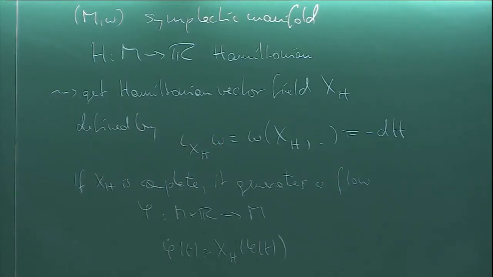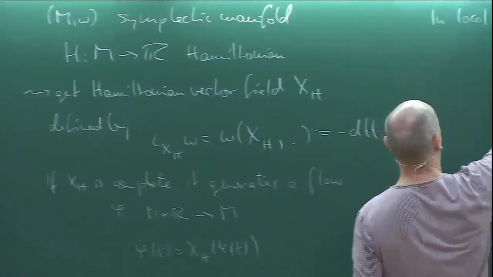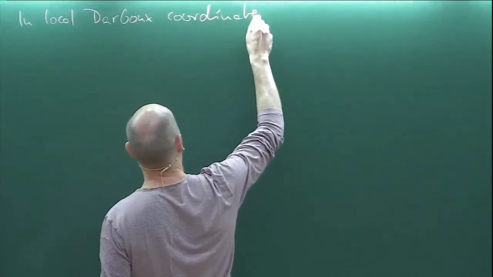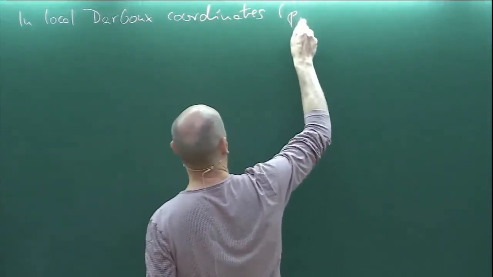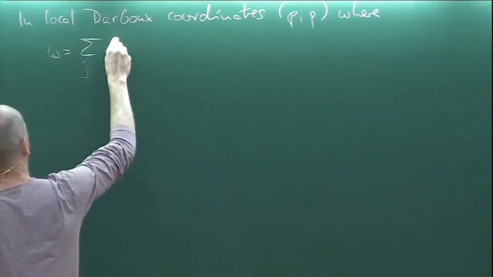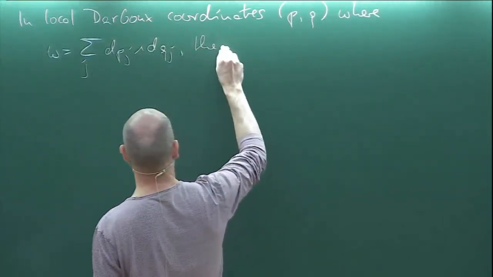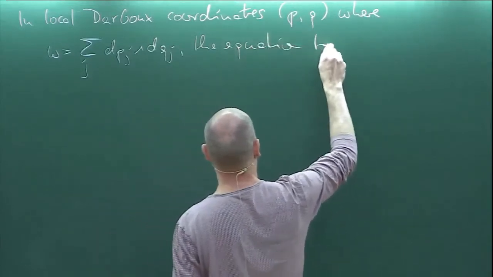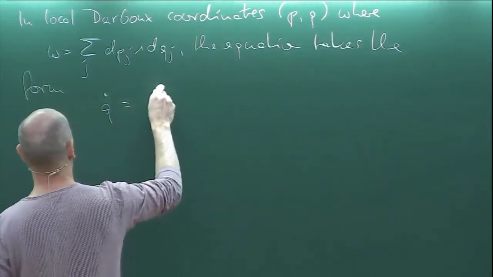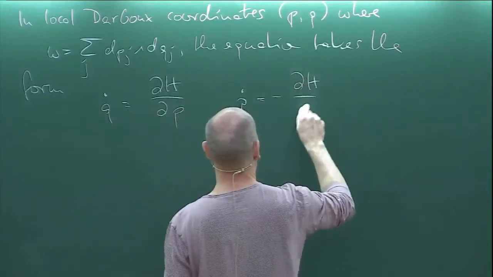And in local Darboux coordinates, P and Q, where omega is the summation of dp_j wedge dq_j, this flow equation takes the form: Q dot is equal to dH/dP, and P dot is equal to minus dH/dQ.